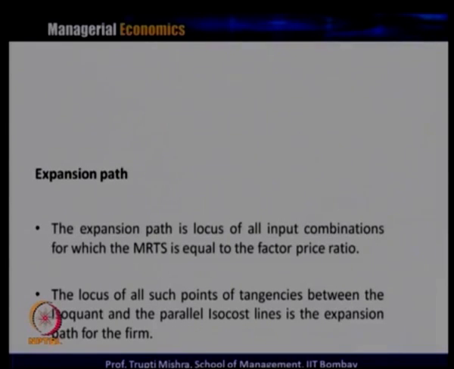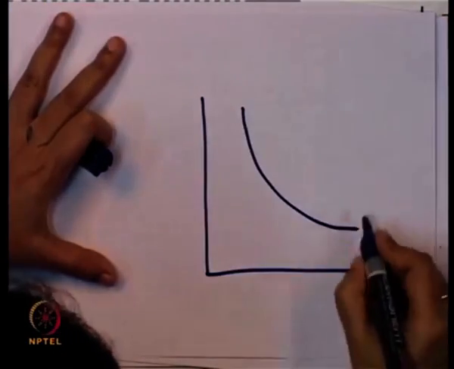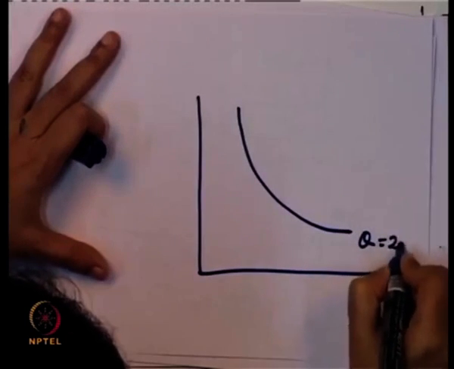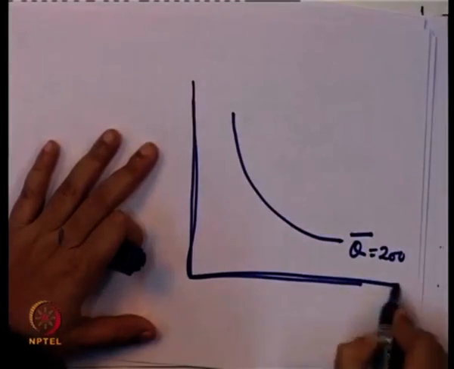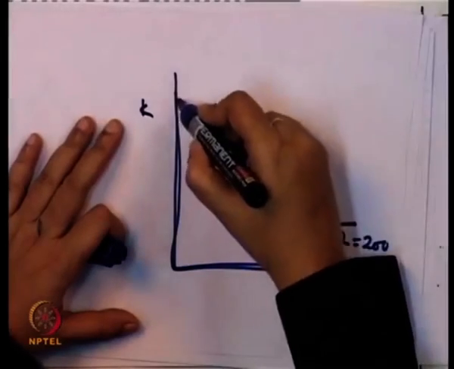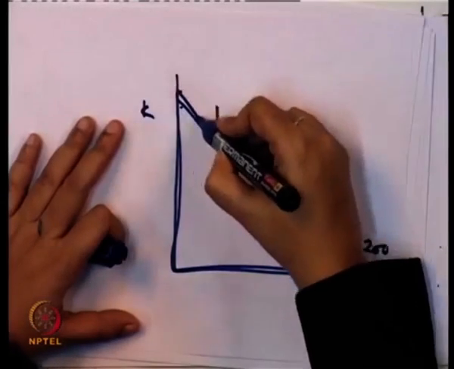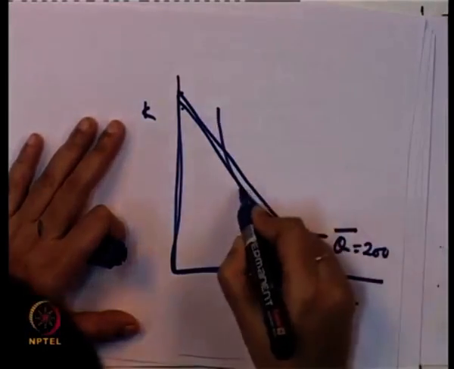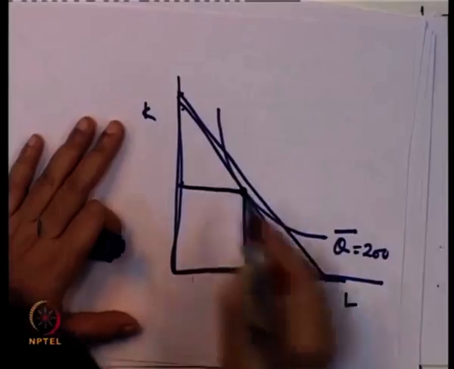Now we will see the graphical representation of this optimal combination of inputs. Suppose Q is 200, and this is given. How do we find the optimal combination of inputs here? By choosing a point which is just tangent to the isocost line.